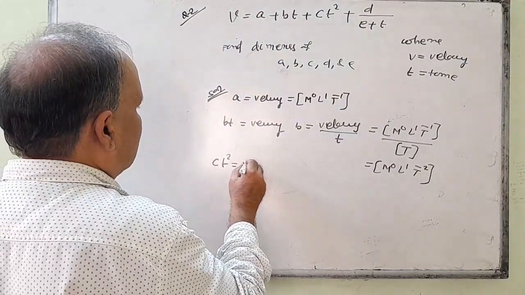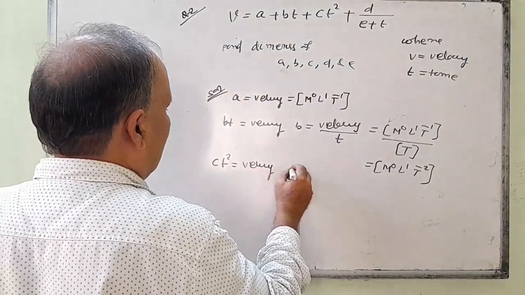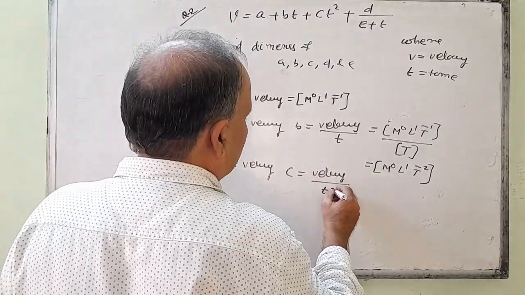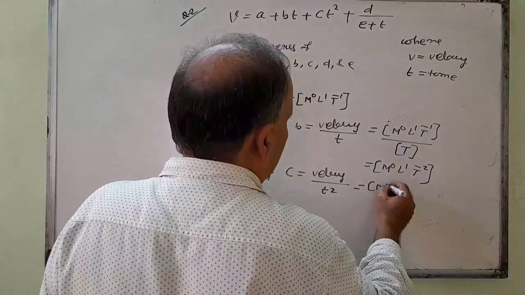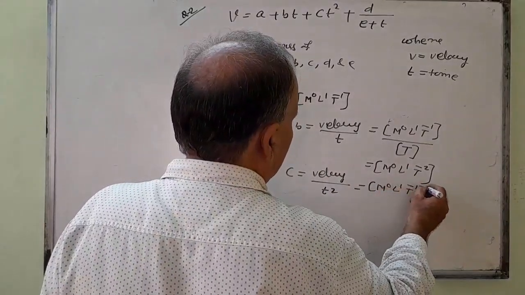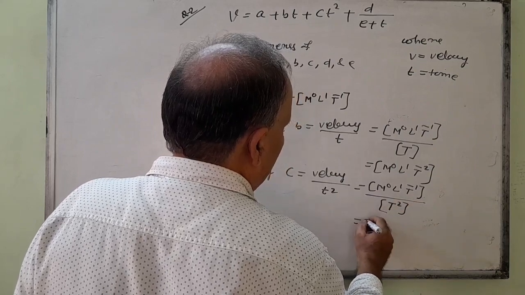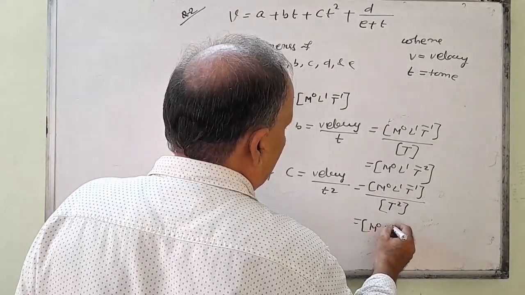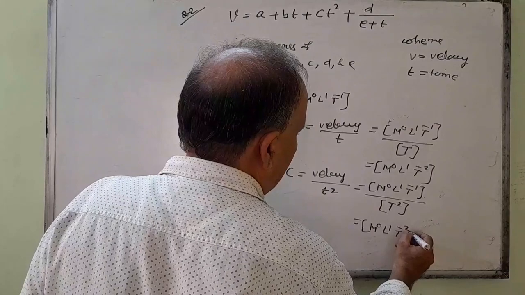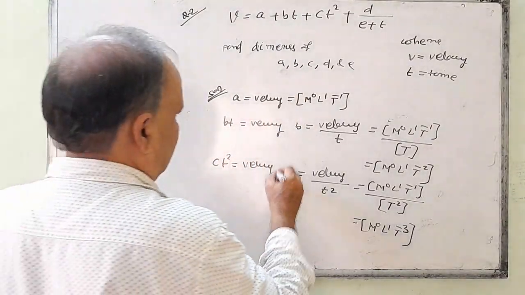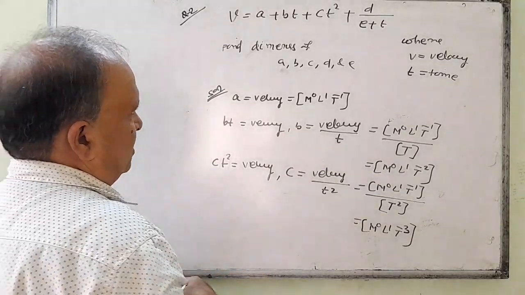CT square is also velocity, or C is equal to velocity by T square, that is your M0 L1 T to the power minus 1 by T square, that is your M0 L1 T to the power minus 3. This is the dimension of C, dimensional formula of C.